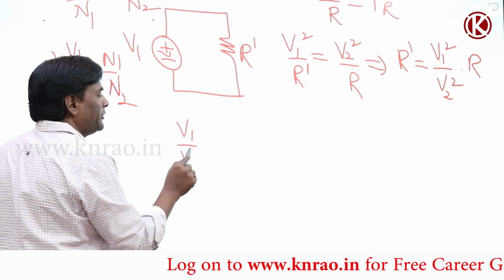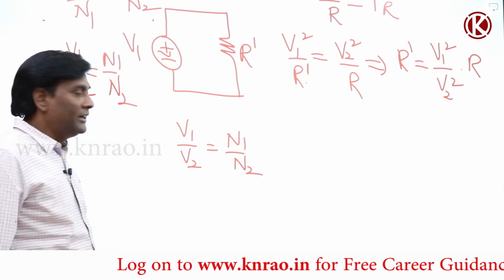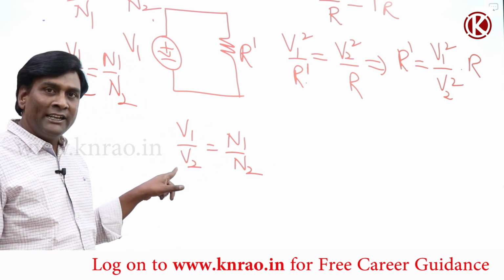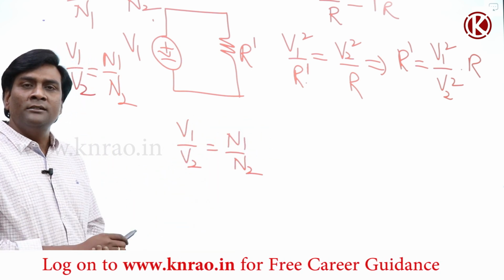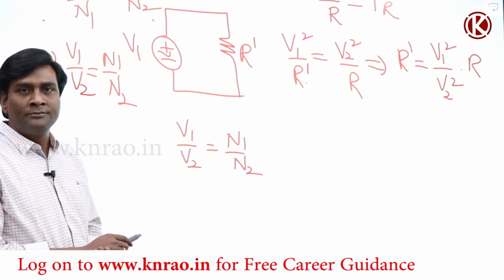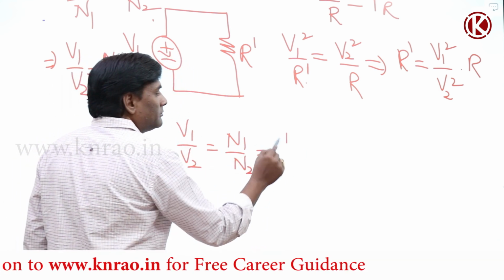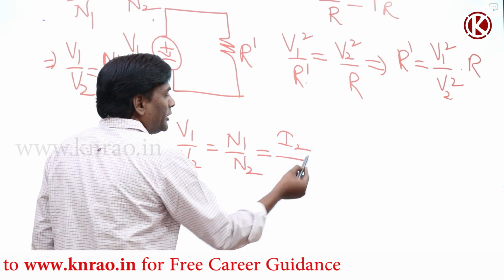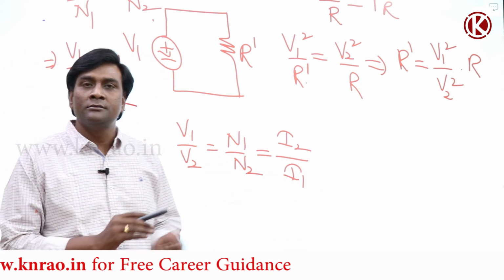So V1 by V2 equal to N1 by N2. V1 by N1 is the voltage per turn in the first coil, V2 by N2 is the voltage per turn in the second coil, should be the same. Also, if V1 is more, I2 should be more, sorry, V2 is less, I1 should be less.